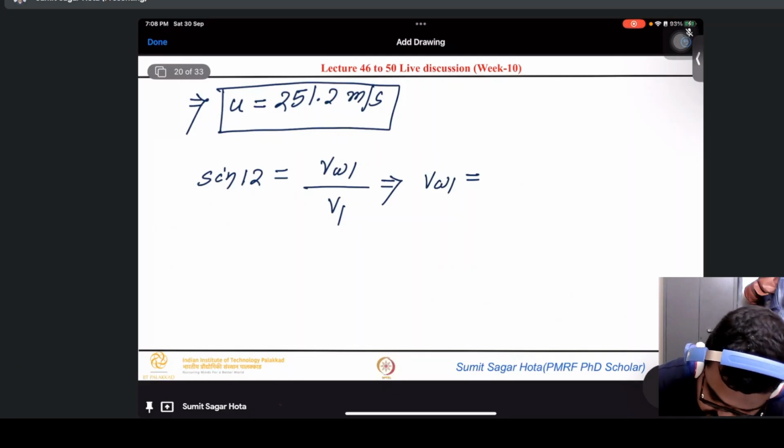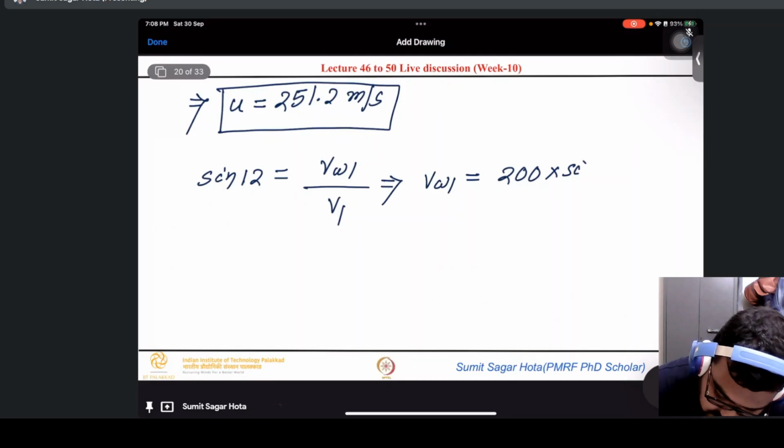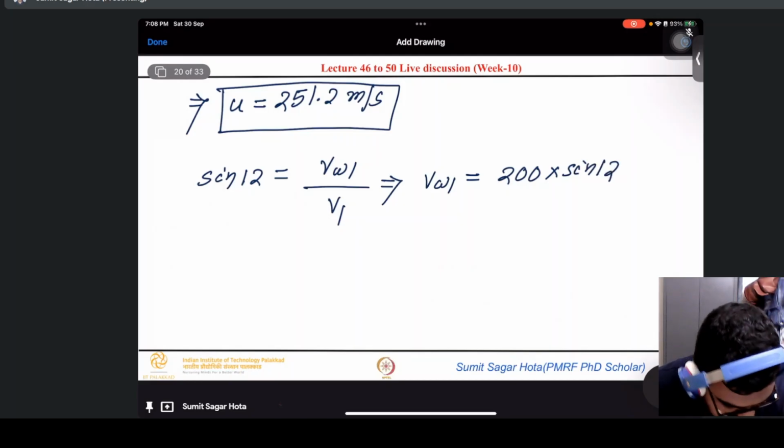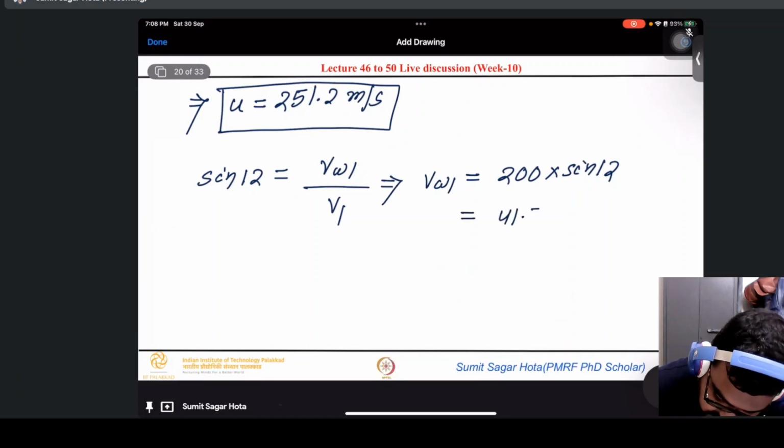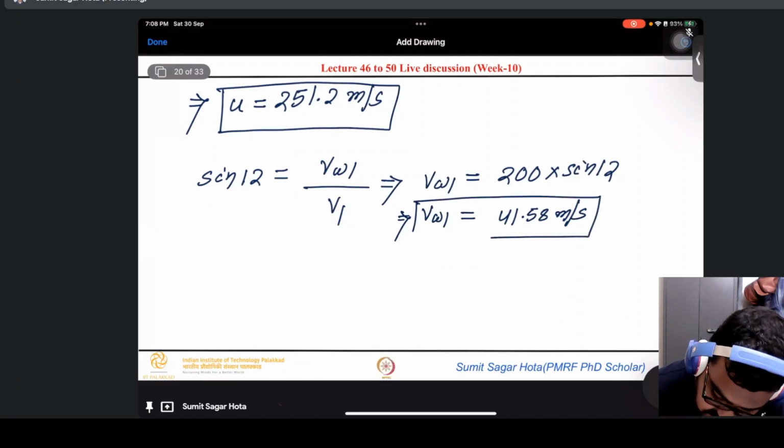V1 is 200 here, so 200 into sine 12 is 41.58 meters per second.